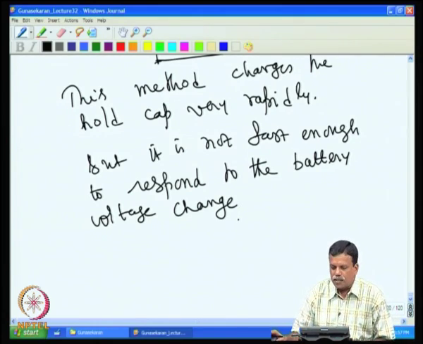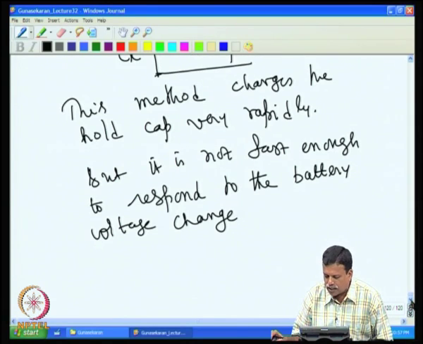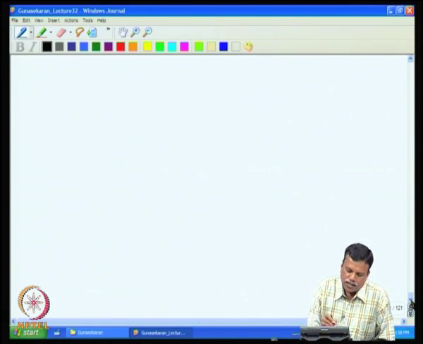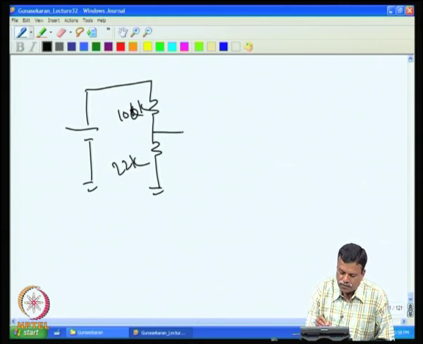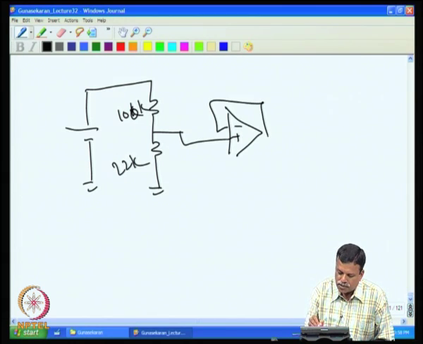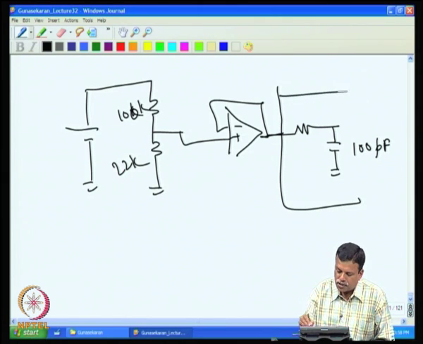So, if you want very fast response, you can use a voltage follower and reduce the charging time. For the battery voltage, we can have the 100K and 22K divider, then a voltage follower to reduce the impedance, and this can be given to the sample and hold, which is 100 pF, going to channel 1.